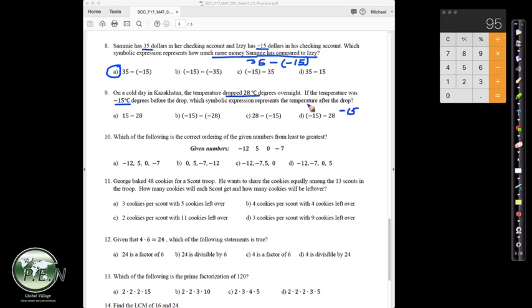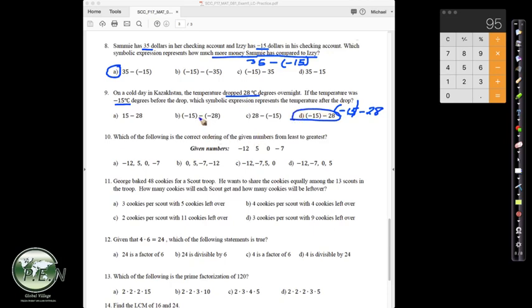That's what we started with, and from that we're going to drop, which means to subtract, or minus 28. So this would be the correct way to write it. And the negative 15 is a negative number, so oftentimes that's why they put the parentheses around it. So it looks like we're going to go with D.